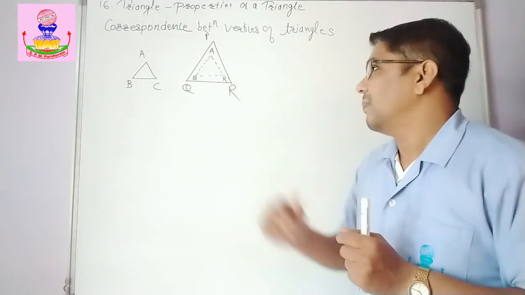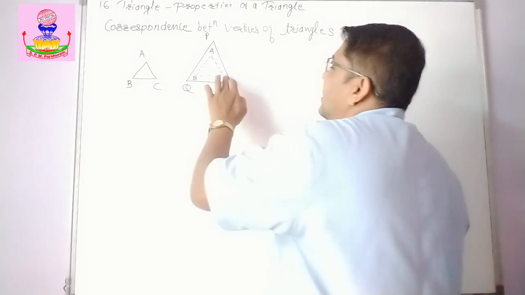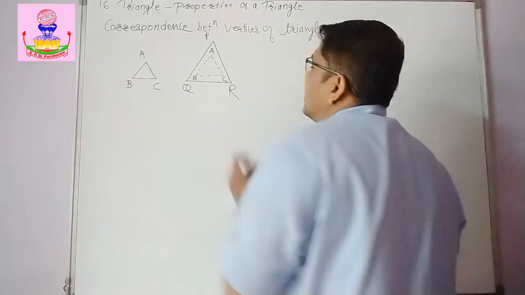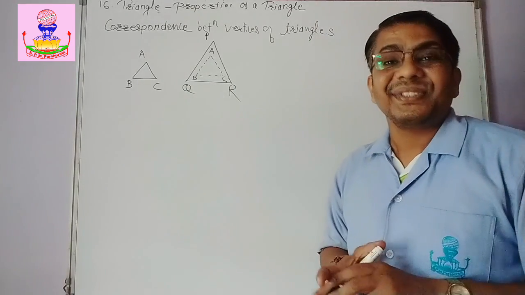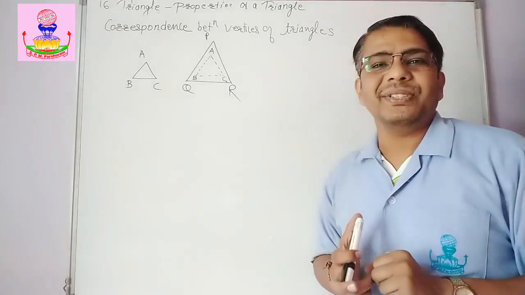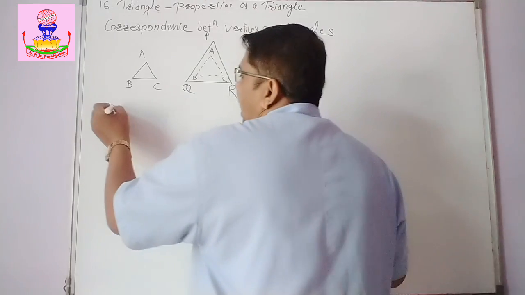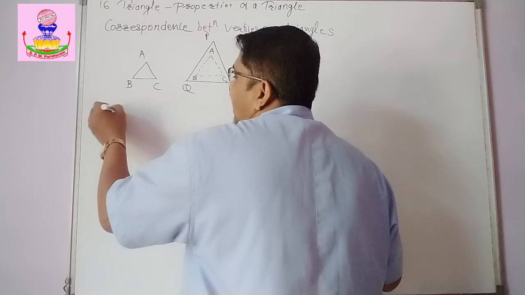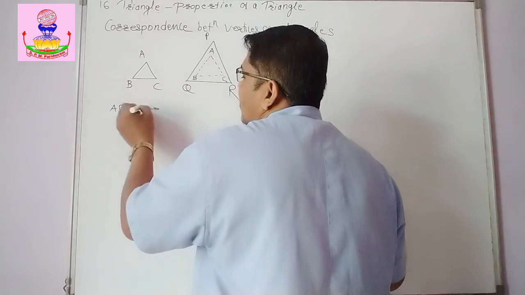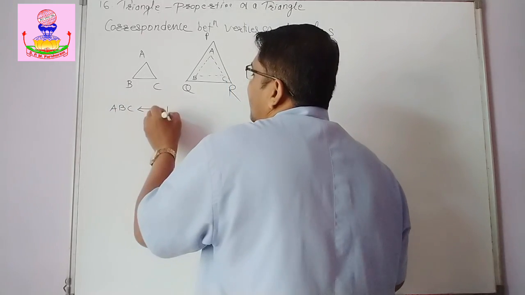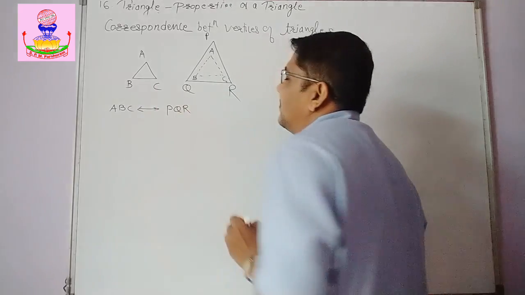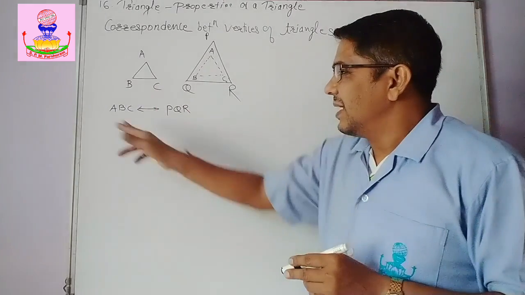B is over Q, that is B is in one-to-one correspondence with Q. C is in one-to-one correspondence with R. So this is called one-to-one correspondence. Okay, how can we write it? ABC is in one-to-one correspondence with PQR.